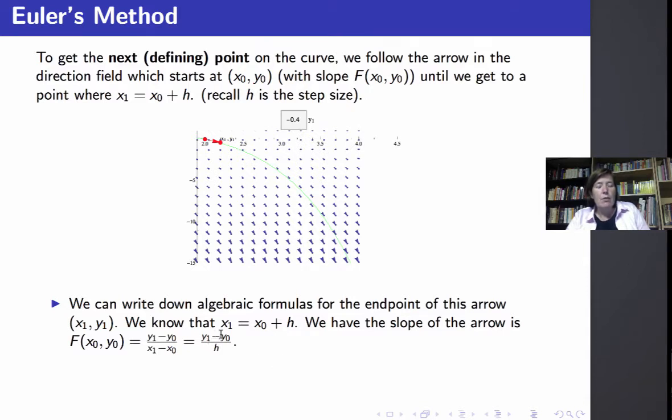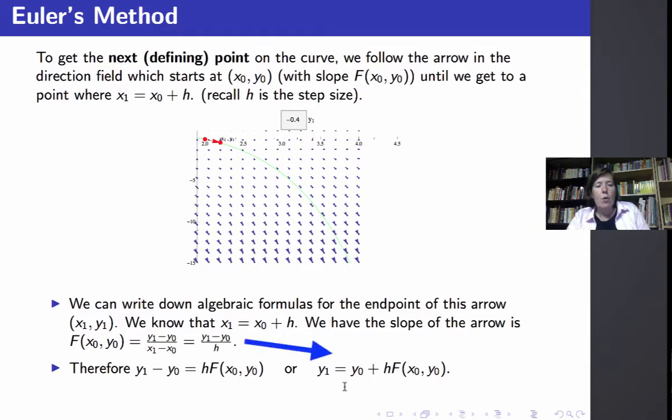So now we have an equation where we know absolutely everything except the y value at the end of this arrow, which we're calling y1. So if the point on the end of this arrow is x1, y1, then y1 can be figured out from this equation. It's y naught plus h times f applied to x naught, y naught, the initial point.